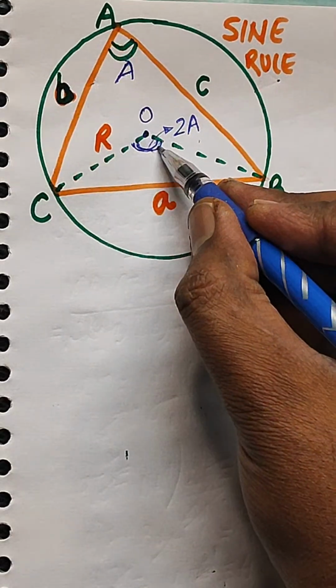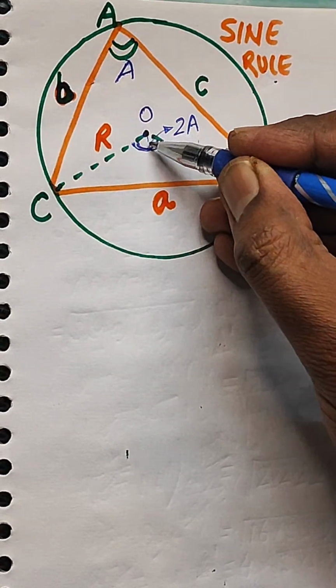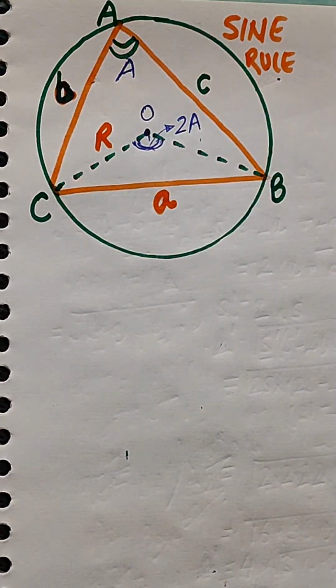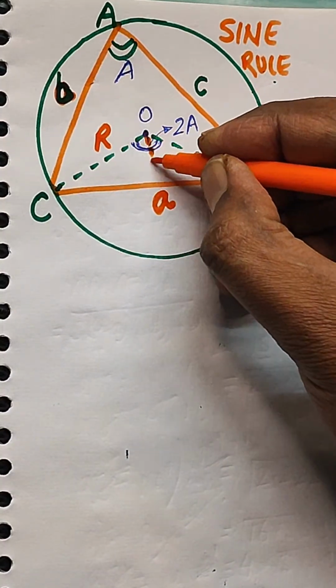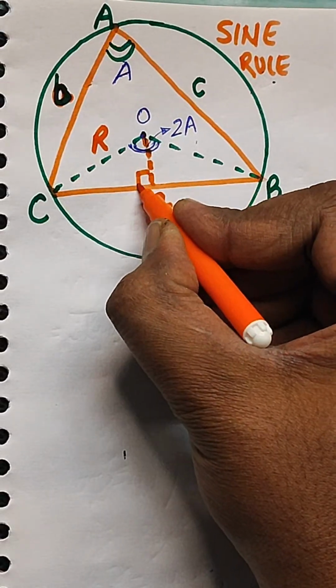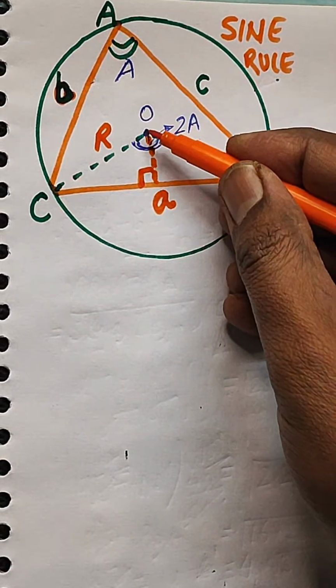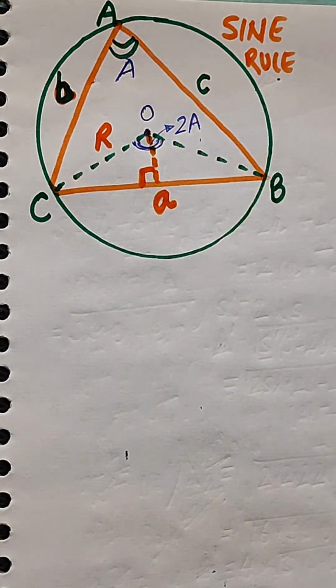So from here, let us draw a perpendicular from O to BC. We know that the perpendicular drawn from the center of the circle to the chord bisects the chord. We are using the previous theorems.